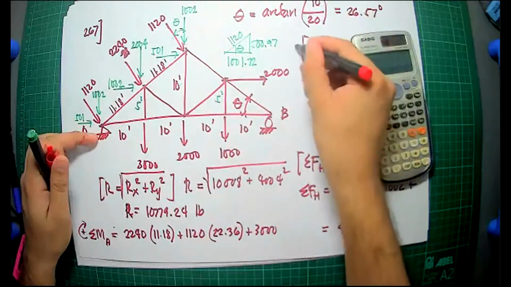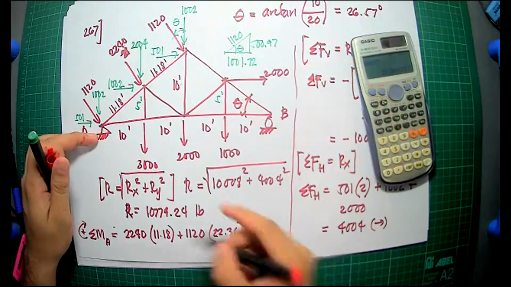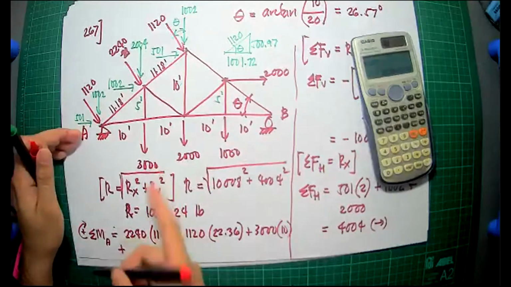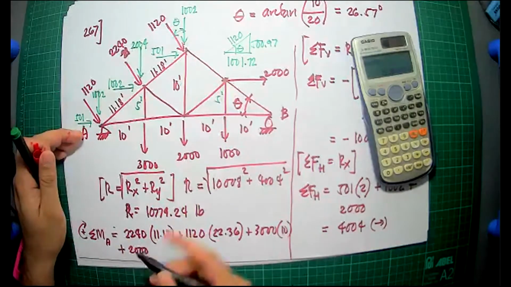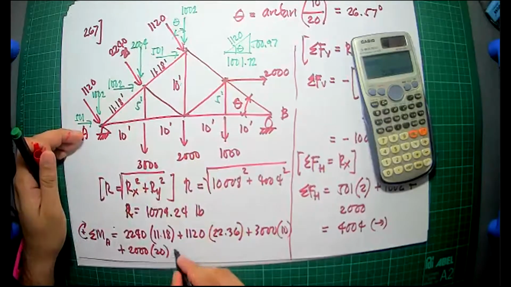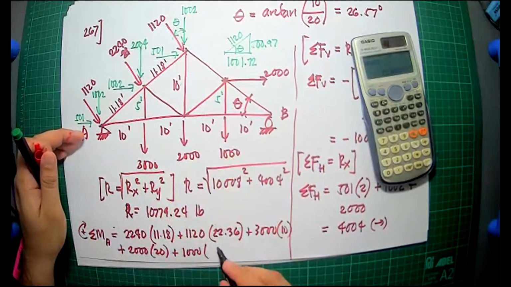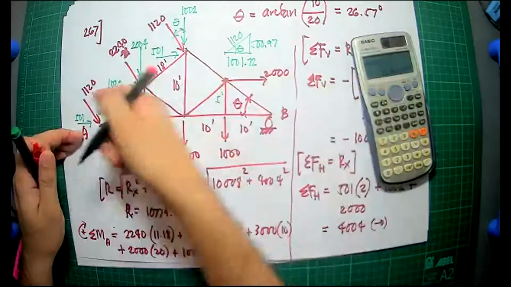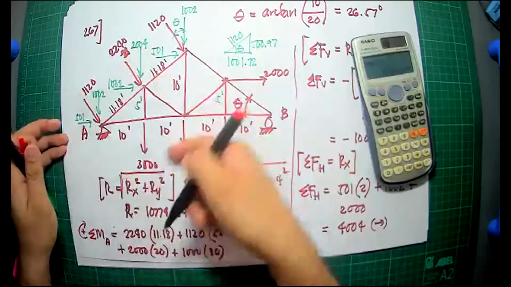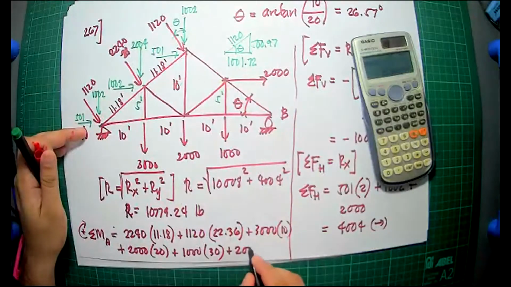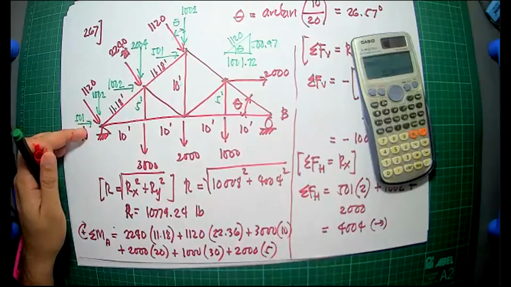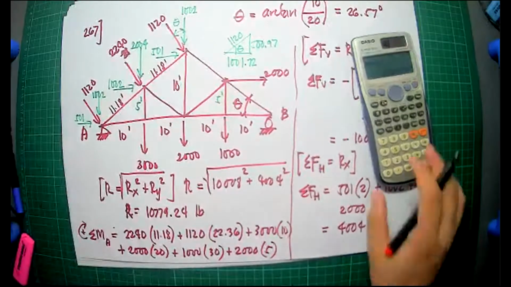Let's have a division line here. 3,000 times 10 plus 2,000 times 20 plus 1,000 times 30, and plus again this 2,000 force is making a clockwise rotation, all plus, times 5, its horizontal distance.